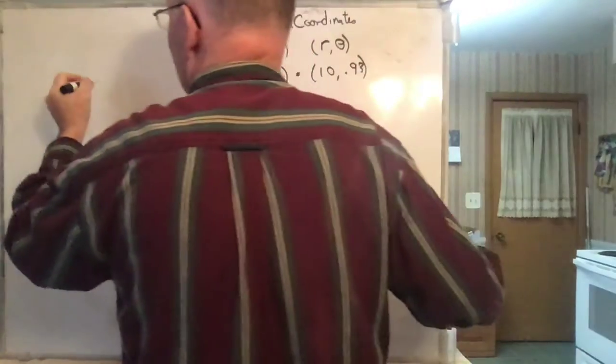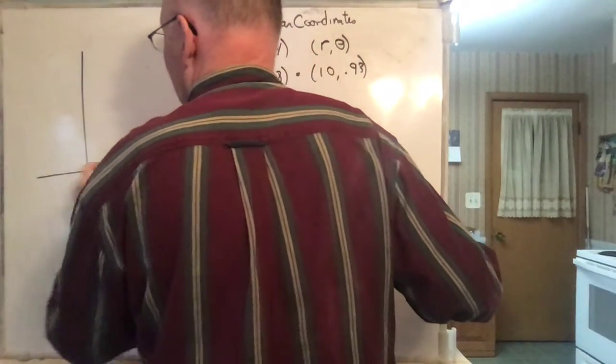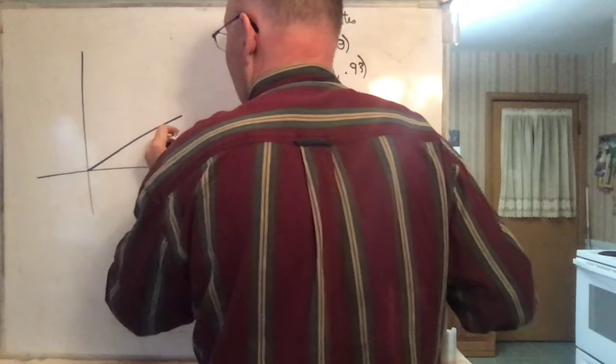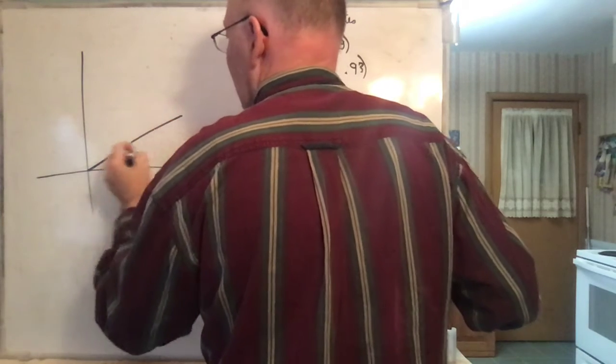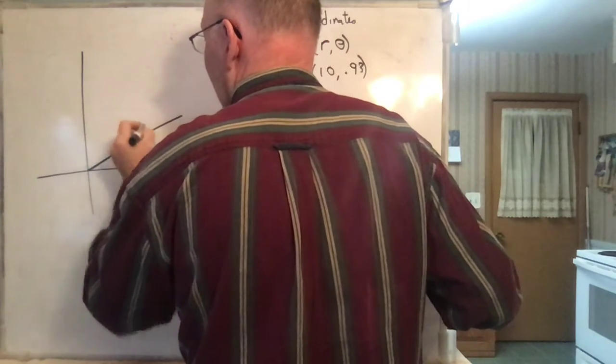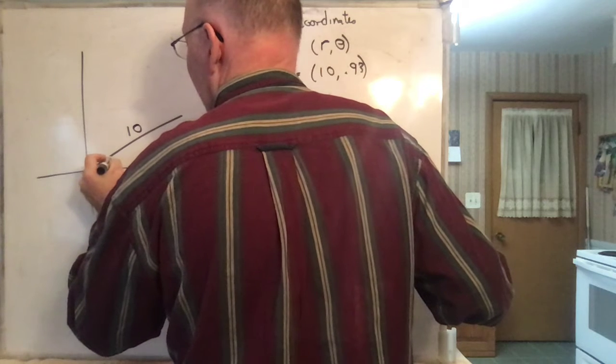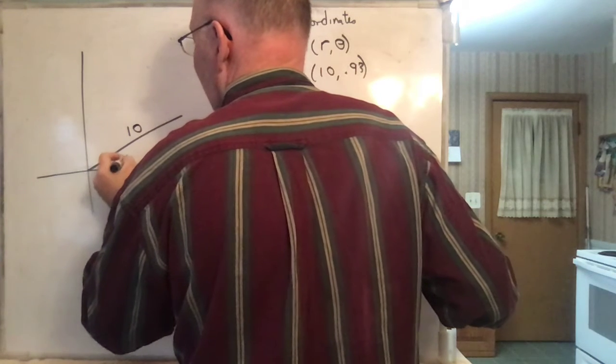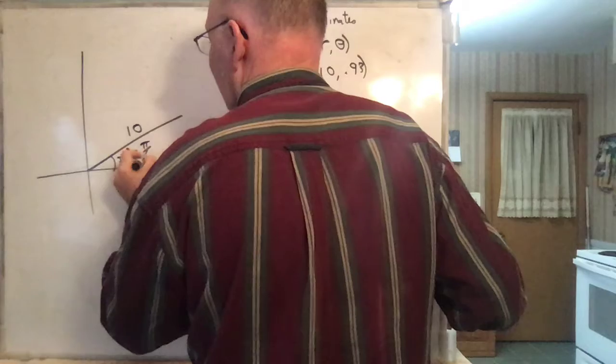What if we say this is 30 degrees? Let's make this equal to 10 again. 30 degrees is the same as pi over 6.